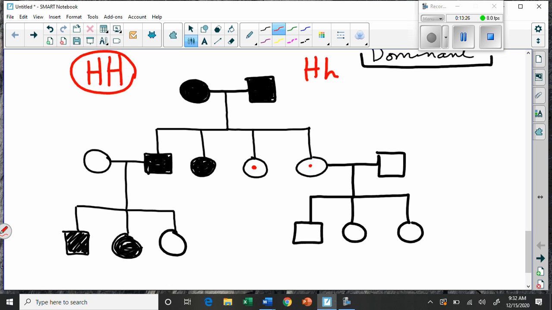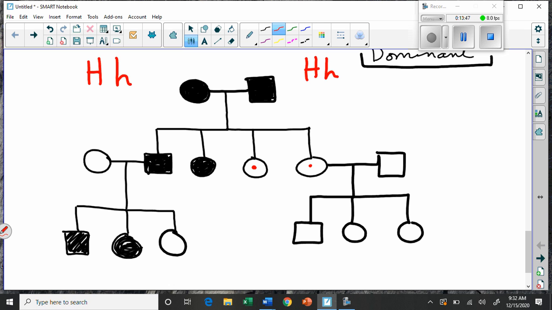So we now know that the only way that it's possible to get at least some children who are not carrying this or not exhibiting this is to have 2 heterozygous individuals. They both have the disease because they carry the dominant H, but there's a chance those 2 small h's could get together, right?